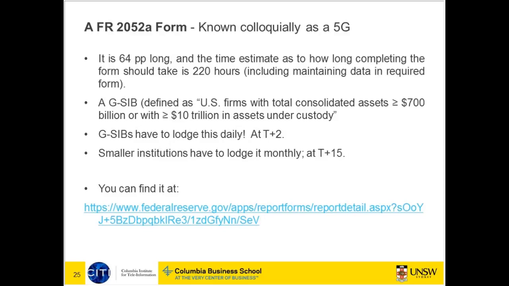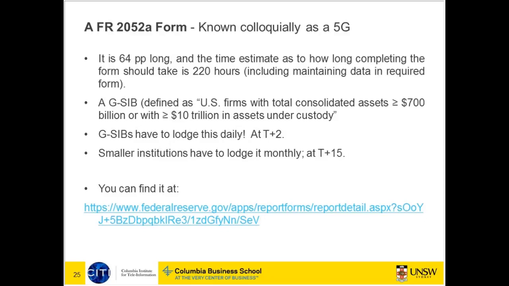Smaller institutions only have to lodge it once a month, and only 15 days after the end of the month. So for smaller institutions, the burden isn't really so large. But for the large institutions, those with consolidated assets over 700 billion or over 10 trillion assets in custody, they have to lodge it every day, within 48 hours.